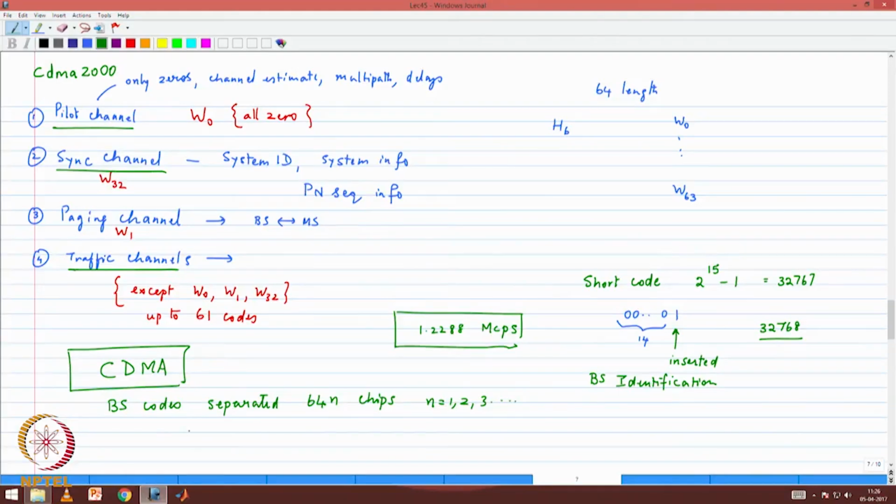How many base stations can be supported? It is 32768 divided by 64, which comes out to be 512. They thought that no individual deployment in one location would ever need more than 512 base stations, so they said, this is pretty good, we will build a system that is fine. So that's a little bit of history.